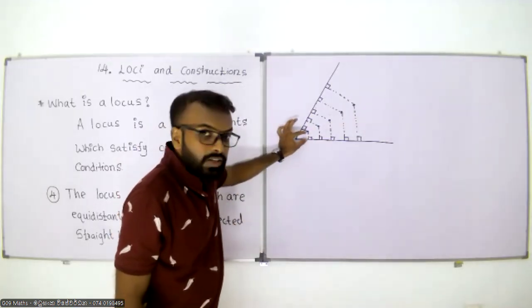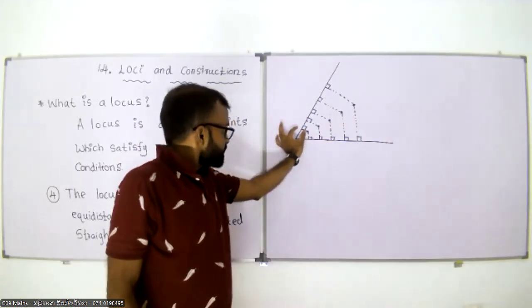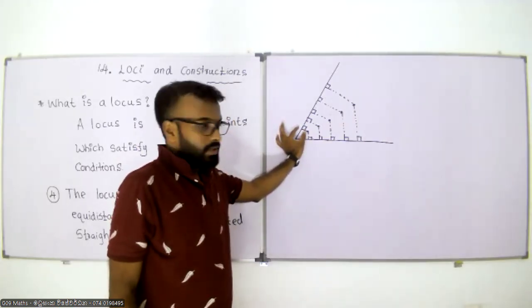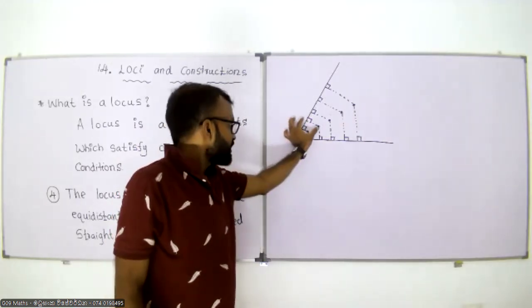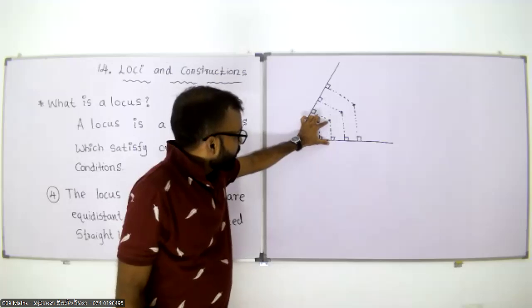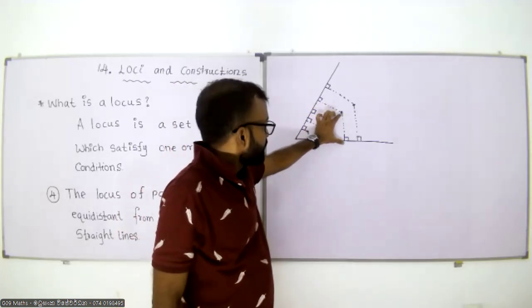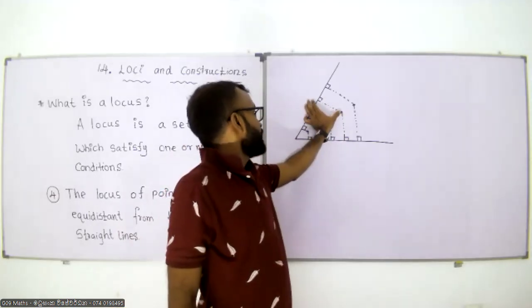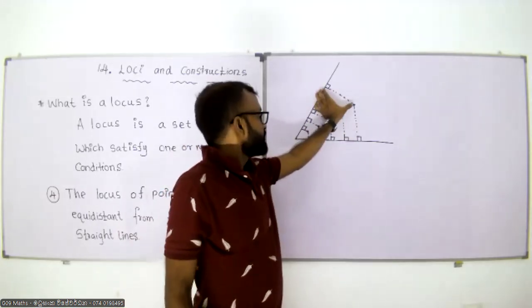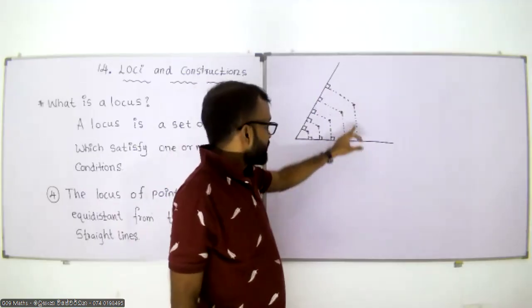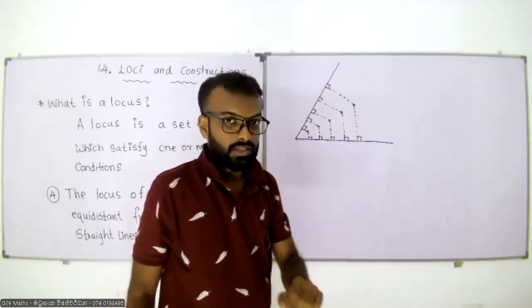If I say this is 5 centimeters, this is 5 centimeters, 10 centimeters, 10 centimeters, 11, 11, then 15, 16, 16. So for these lines, the distance should be equidistant.